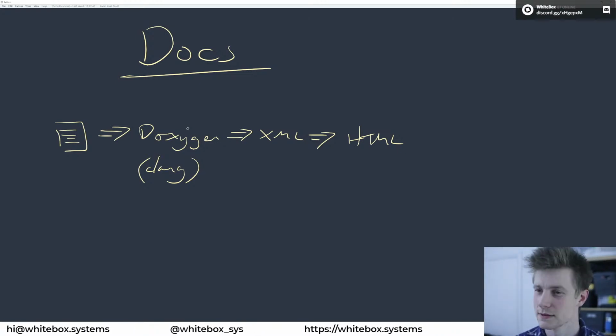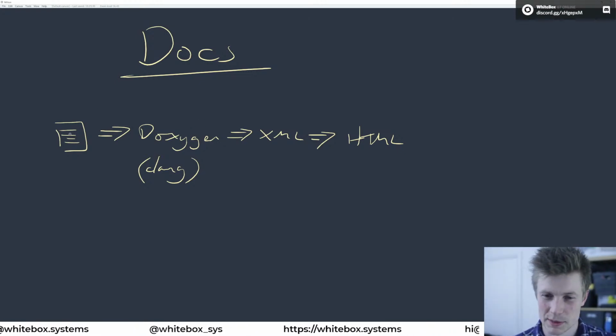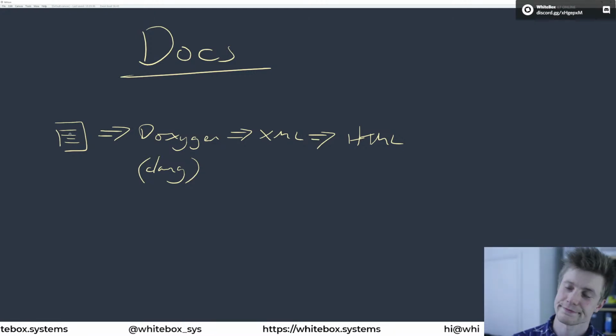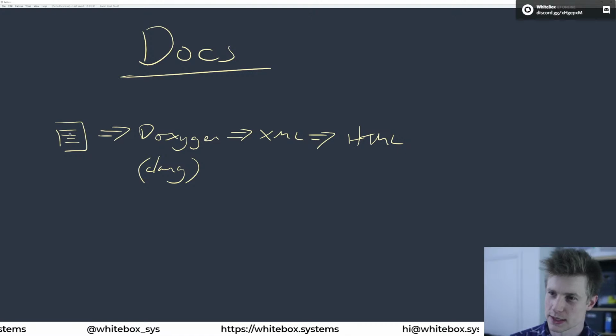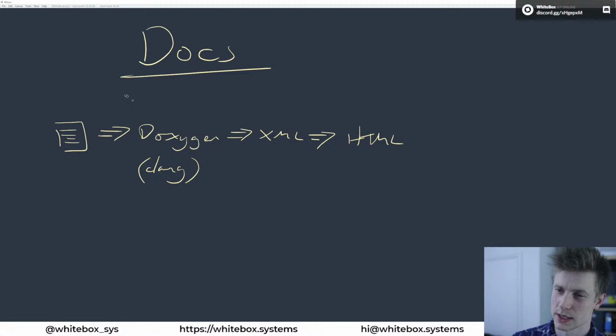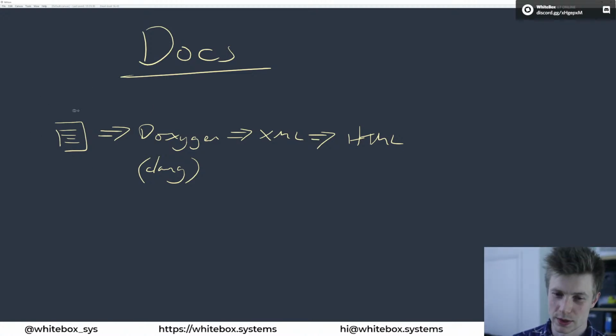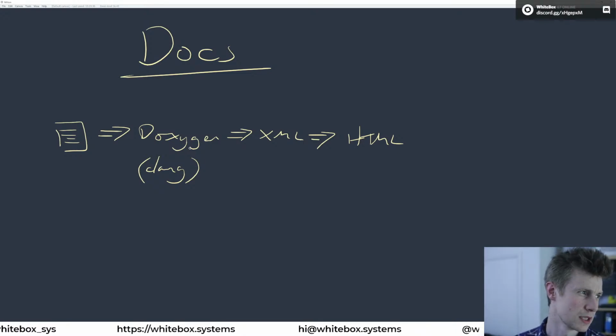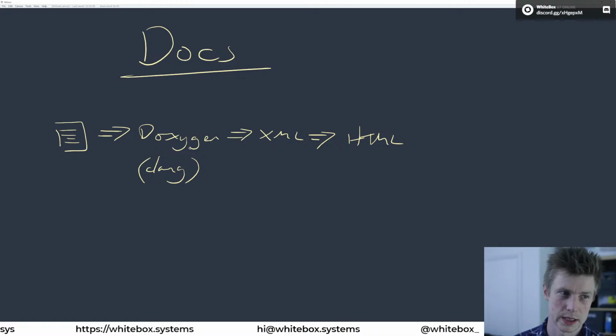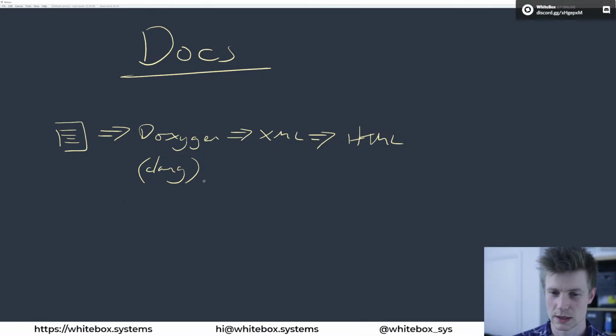I'm just going to say C, but you could normally assume I'm saying C++ as well. Despite the fact that normally compilation is done piecemeal, Doxygen will only do it on the entire thing at once. You may be able to rig it up so that you can have nested hierarchical ones, but you can't use something like Ninja where it will only update the docs for the components that have updated, as far as I'm aware.